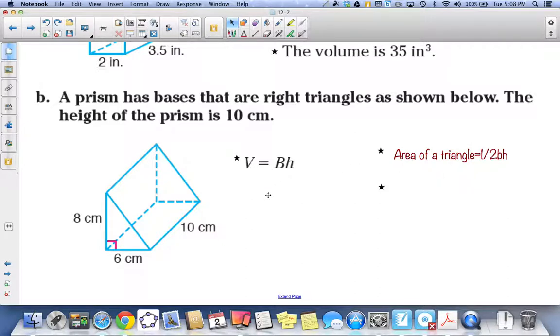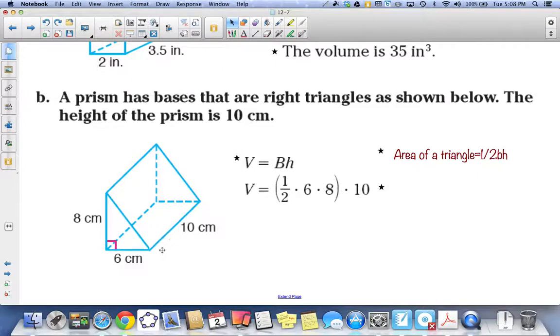We can now find the volume and apply the formula for the area of a triangle, which is 1/2 base times height. The base of the triangle is 6 centimeters, and the height of the triangle is 8 centimeters, so we substitute these values into the formula for the area of the triangle.